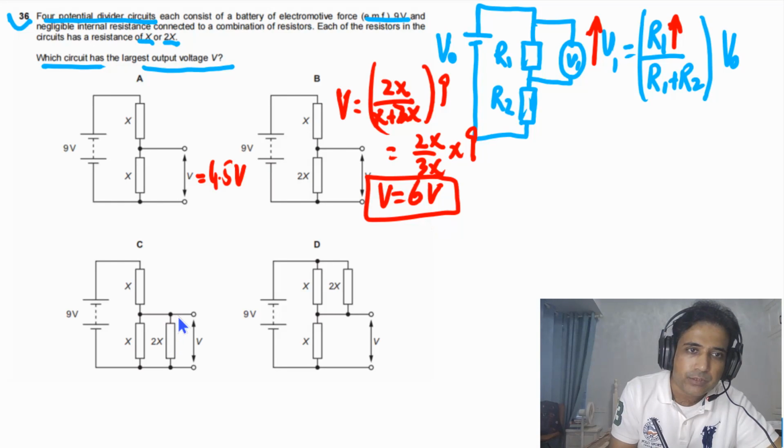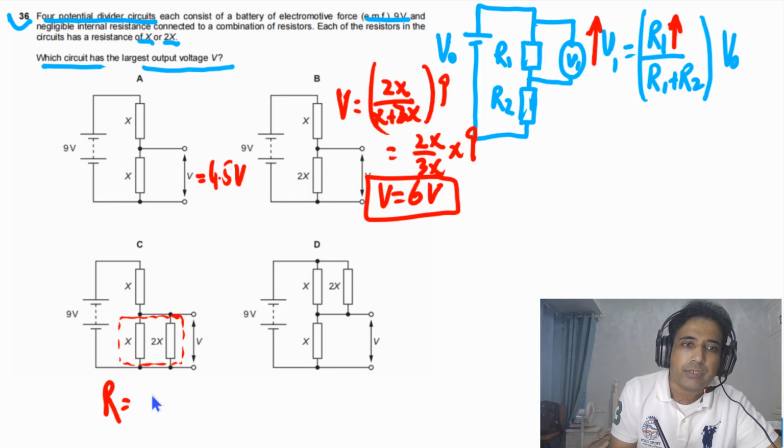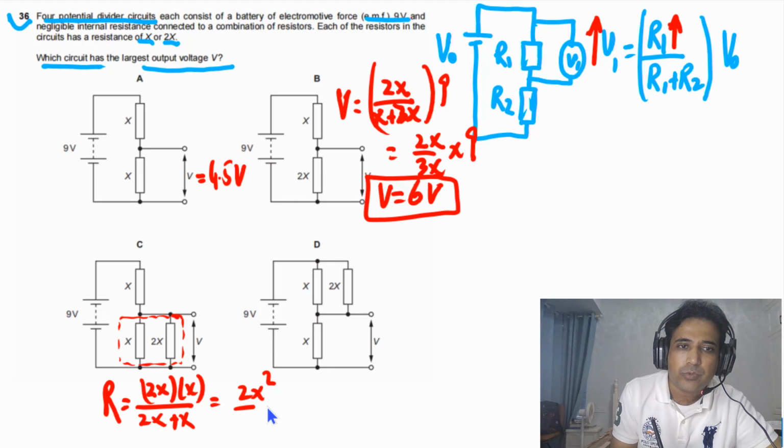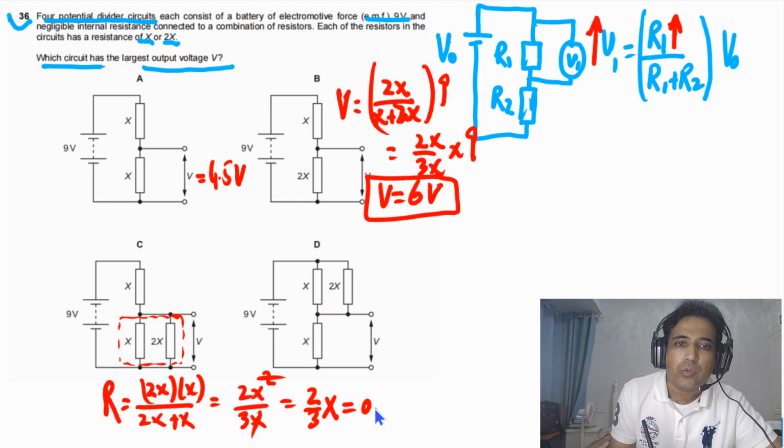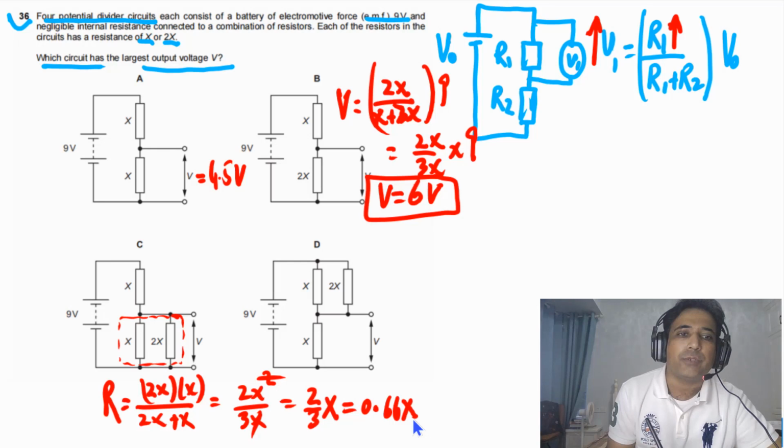If we look at the total resistance of these two resistors, we can calculate it. We can say R in this case will be equal to 2X times X divided by (2X plus X). So here we will get 2X squared and here we have 3X, so we can cancel 1X, and we are left with 2/3 X, or we can say this is about 0.66X.